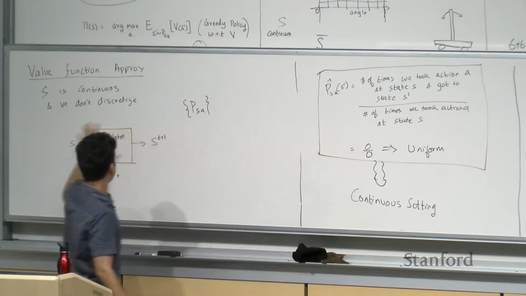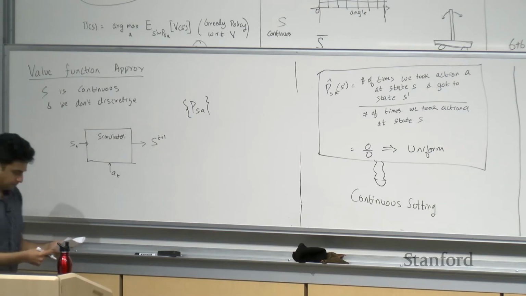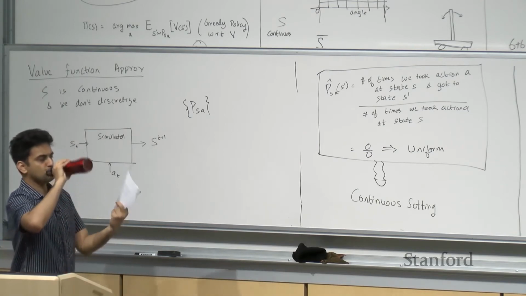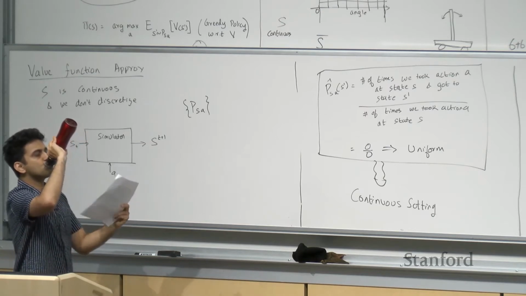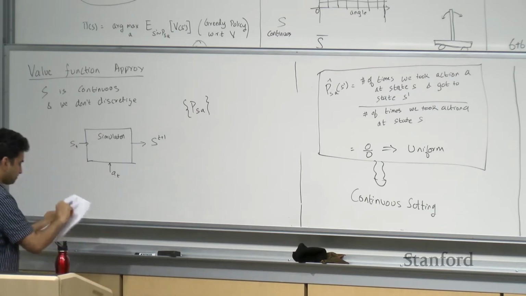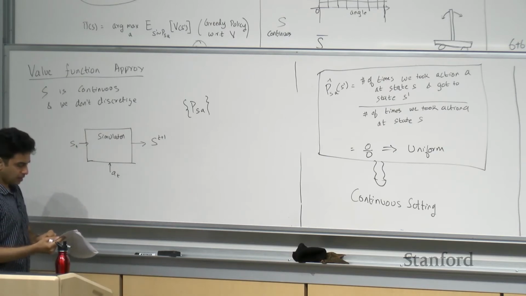However, now we are in a continuous state and counting doesn't work anymore. So here we're going to learn this simulator to the extent possible. And what do I mean by that?